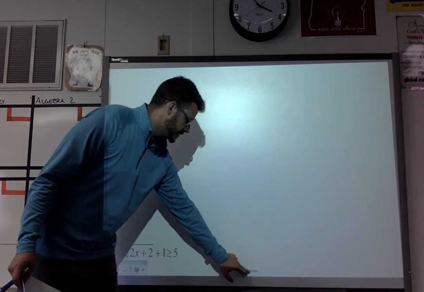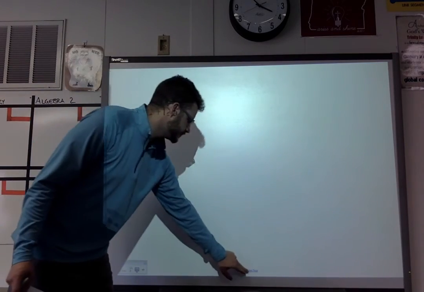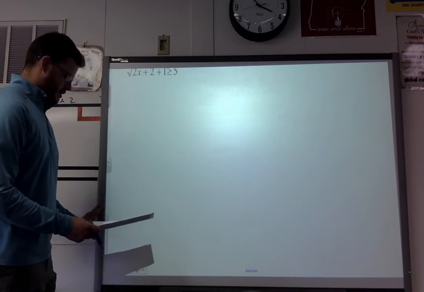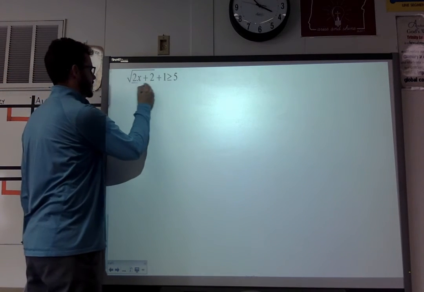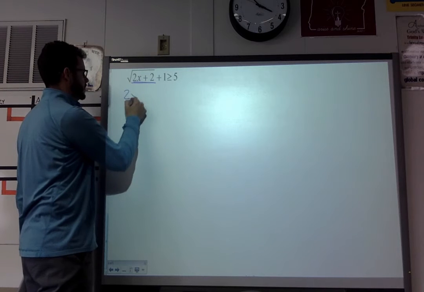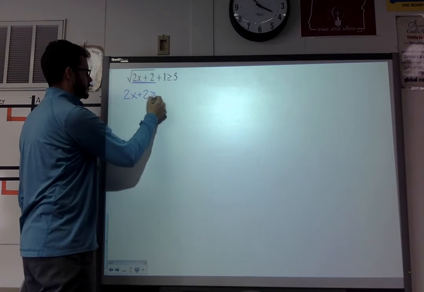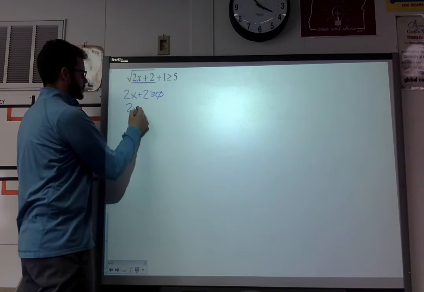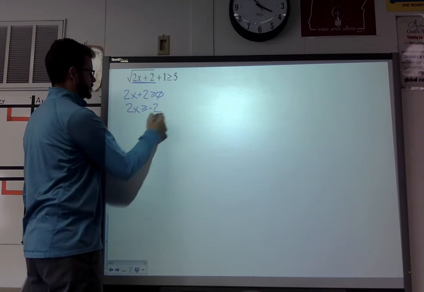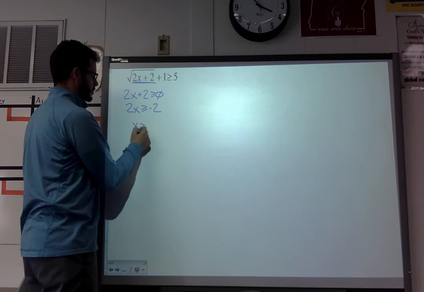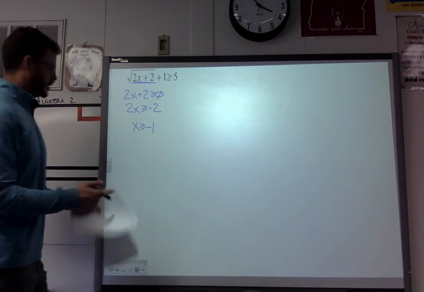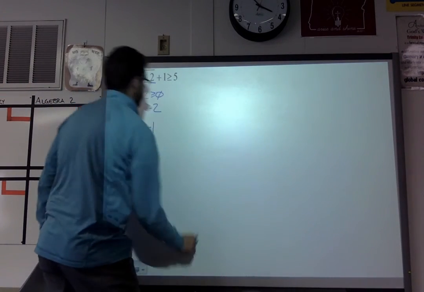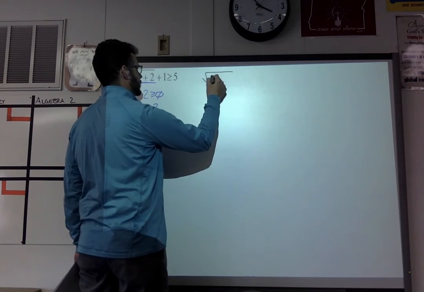I'm going to go down to this bottom one here. So again, I'm going to start out by setting this greater than or equal to 0. So 2x is greater than or equal to negative 2. X is greater than or equal to negative 1. Now I'm going to solve the inequality.